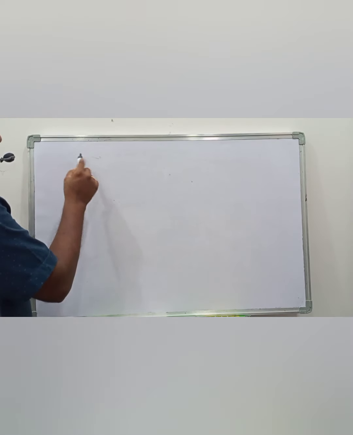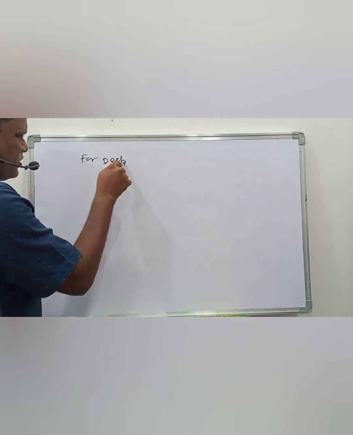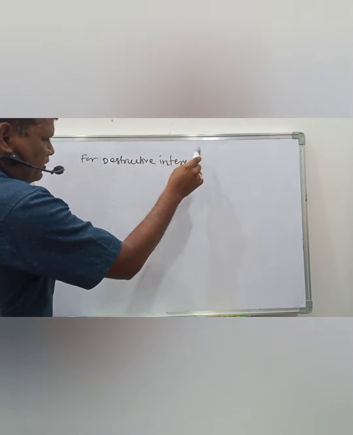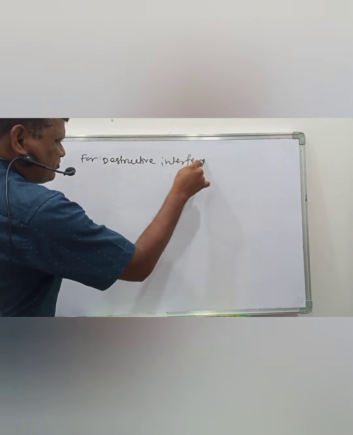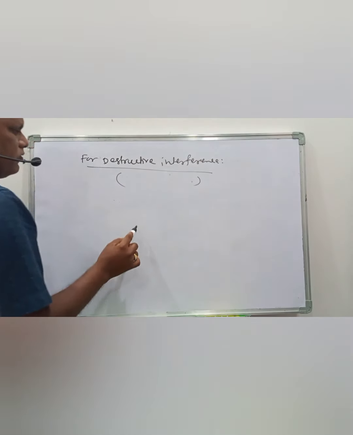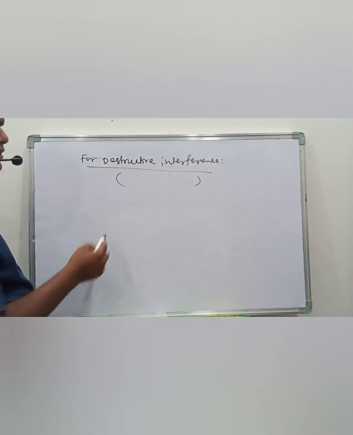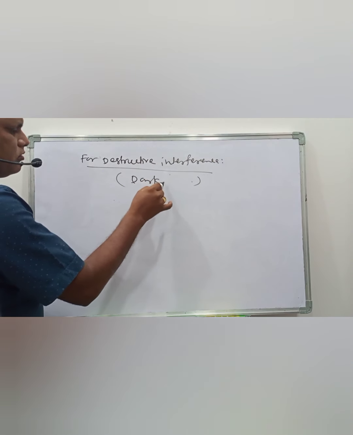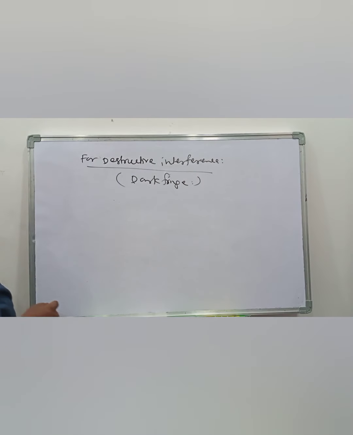Now I am giving it for the destructive interference pattern. When two waves are superimposed with crest and trough, a dark band appears, that is the dark fringe appears on the screen.